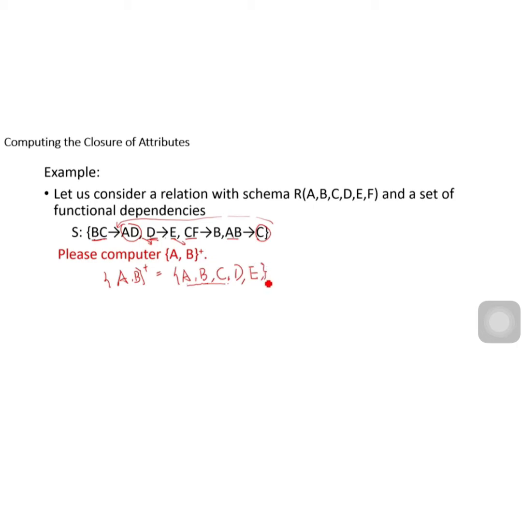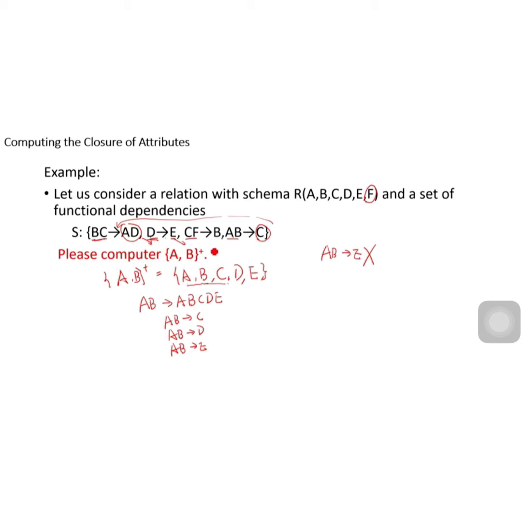So the closure of AB is A, B, C, D, E. Then it means AB functionally determines A, B, C, D, E. If we use the splitting rules, we can get AB functionally determines C, AB functionally determines D, and AB functionally determines E. There are six attributes in R, but F is not in the closure, so AB functionally determines F does not hold.